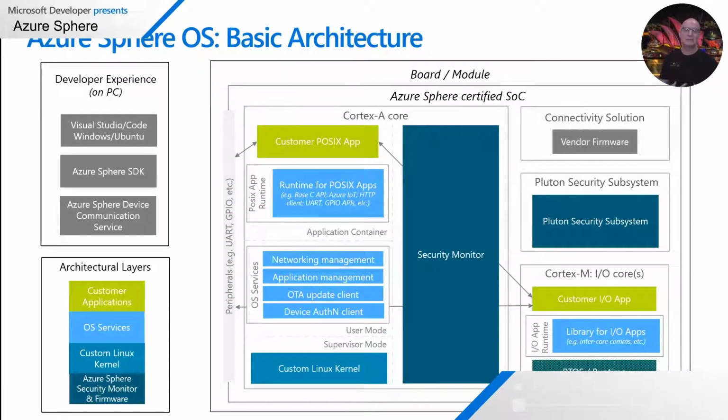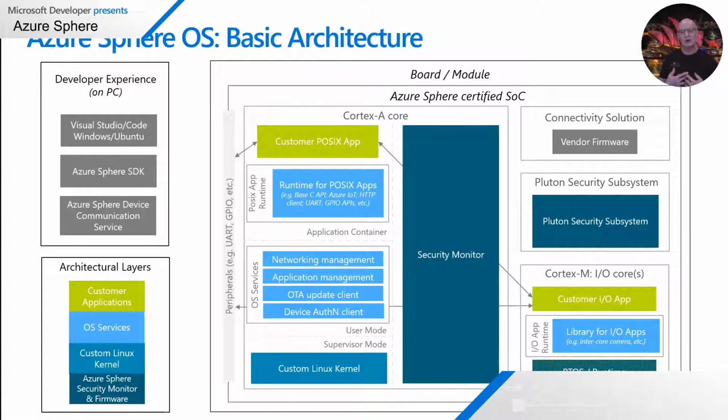Just as a bit of an intro to the operating system architecture, I want to point out a couple of things. In this demonstration, I'm going to be building an application which is going onto the Cortex A7 core. That core is also running the custom Linux kernel, which has been built with Yocto.